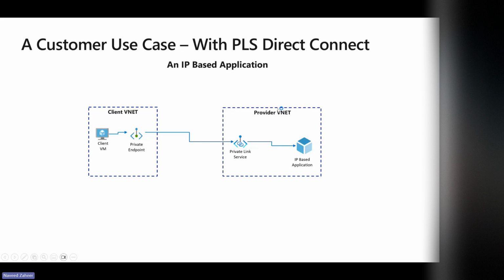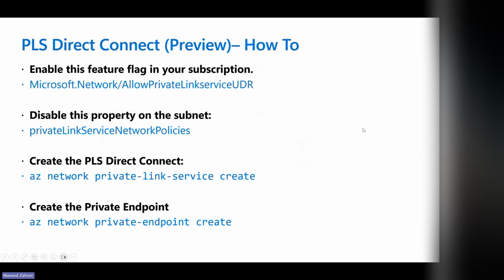Let's continue with how you implement it. By the way, there is documentation released with the public preview. It has detailed guidelines, but I just want to show you the highlights here. Number one, you have to enable this preview feature. It's called allow private link service UDR.